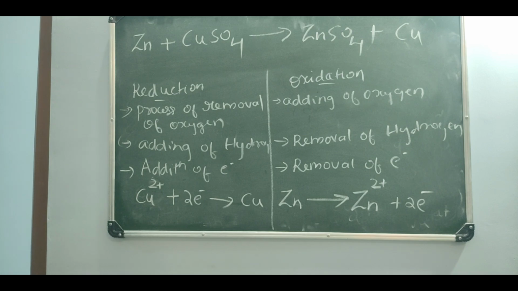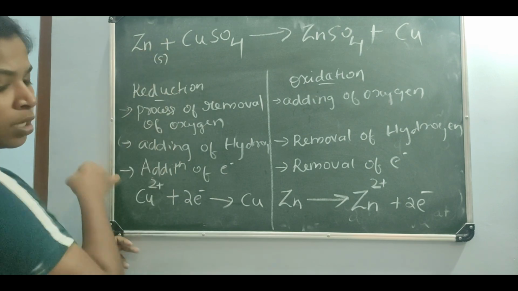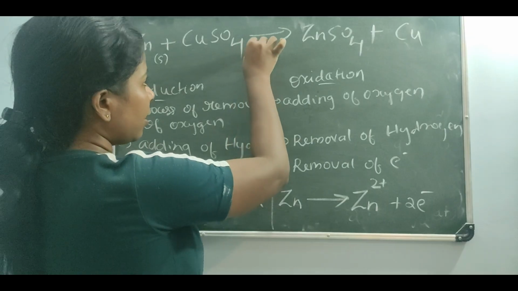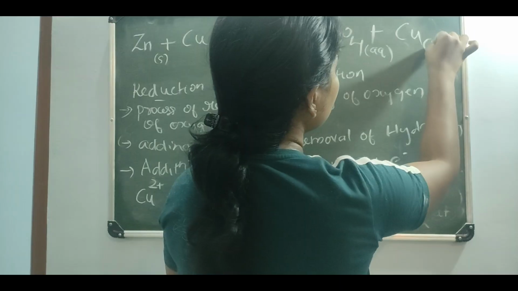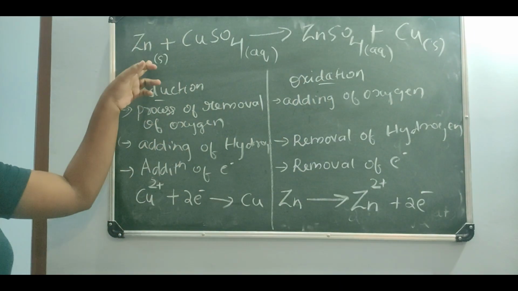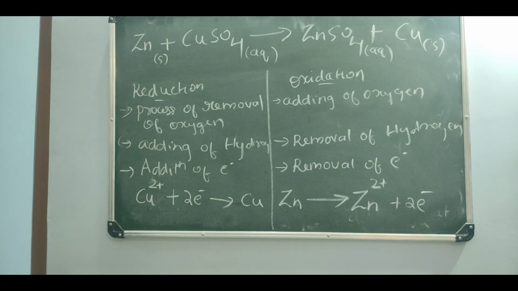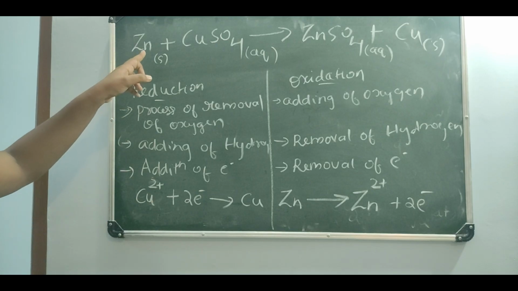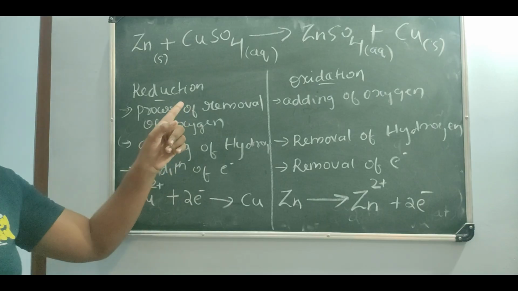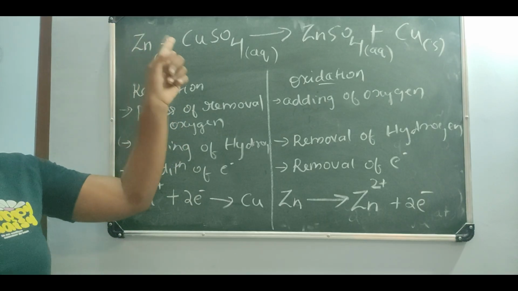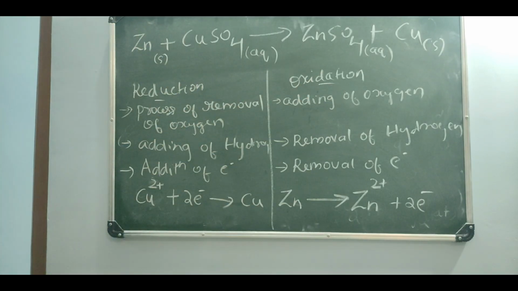This zinc is solid, copper sulfate is aqueous, zinc sulfate is aqueous and copper is solid. Can you tell me whether oxidation and reduction happened here? Yes, both oxidation and reduction happened in this single reaction.